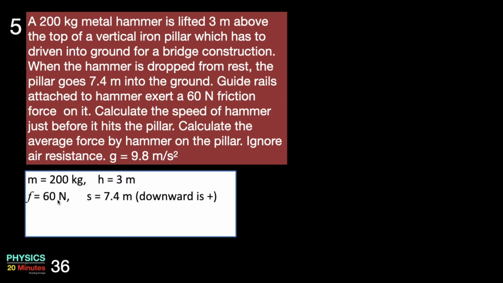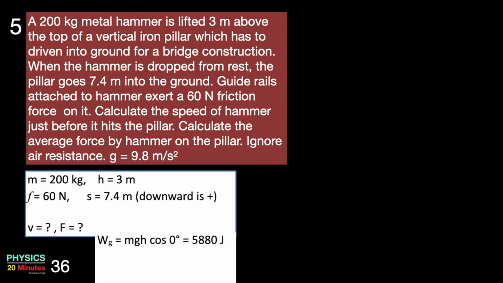Friction will work upward because the hammer is falling downward. Displacement is 7.4 meter and I am taking downward displacement as positive. So let us apply the work kinetic energy theorem. We have to find out velocity at the end of it and force at the end of it.